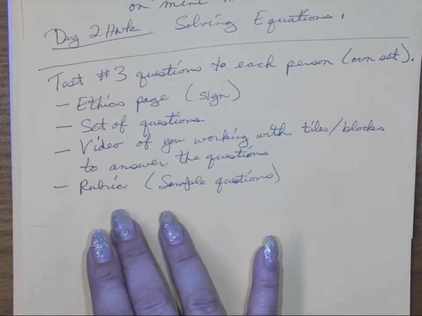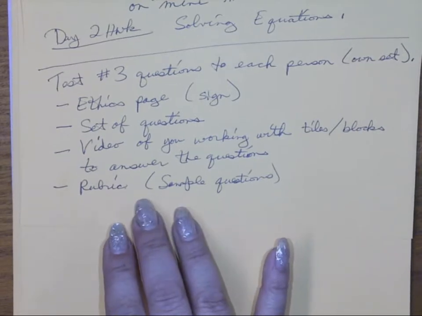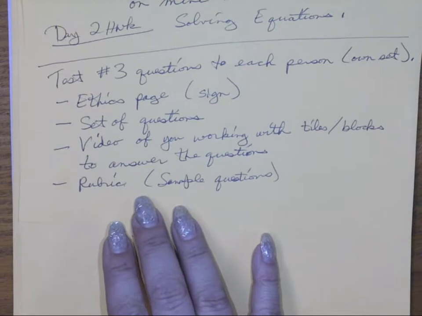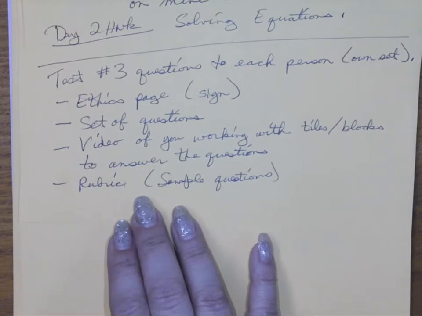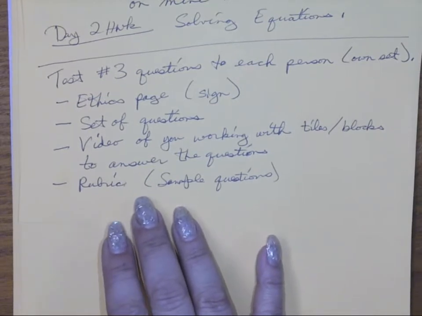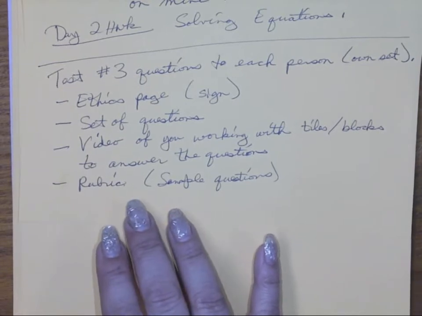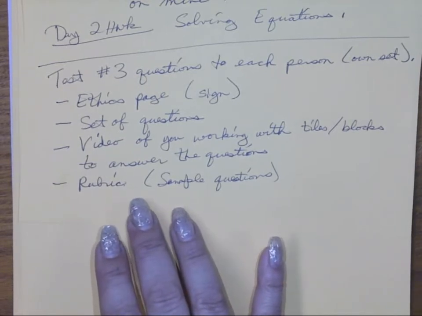There's also a little spot, I don't remember where all of them are, but one of the things says, is there anything extra? Extra stuff is not expected, okay? It's extra. So this is my opportunity to say, you know what? That person did an extremely good job of, I don't know, explaining that particular process of a zero pair, or that person did an extremely good job of whatever.